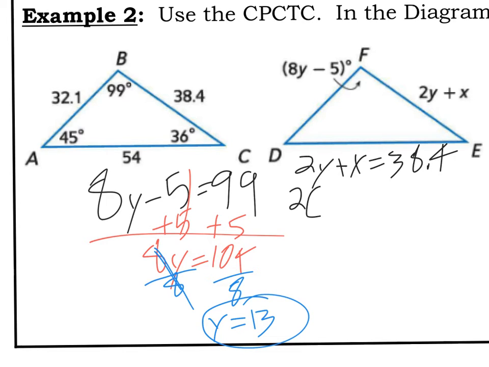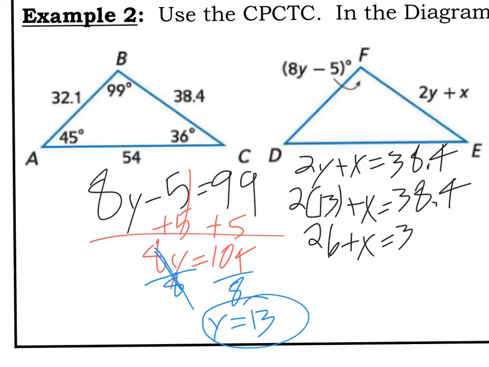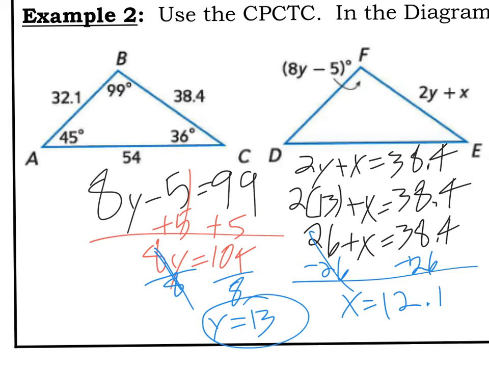I know y is 13, so 2 times 13 plus x equals 38.4. And 2 times 13 is going to be 26, plus x equals 38.4. And so I'll subtract 26 from the other side. And looks like that's going to give me, was that 12.4? Yeah, x equals 12.4. And so there we go. That's example 2.